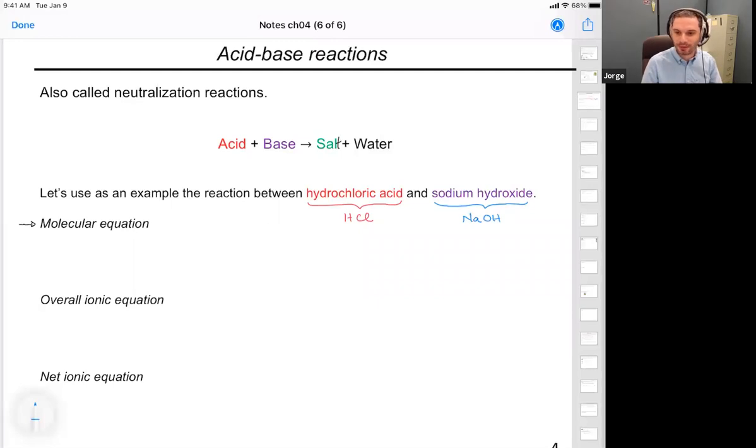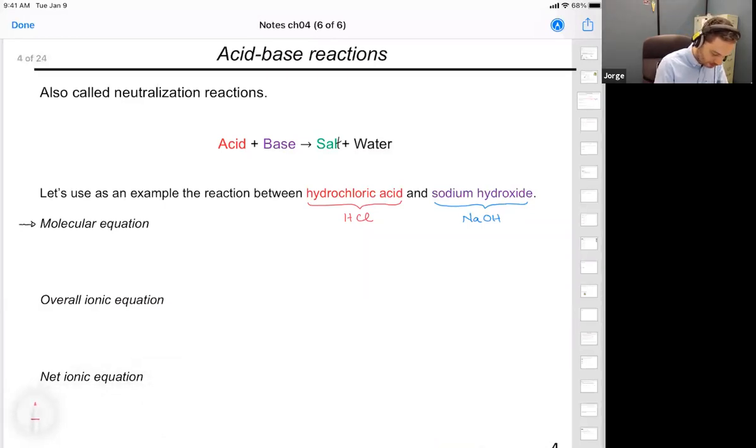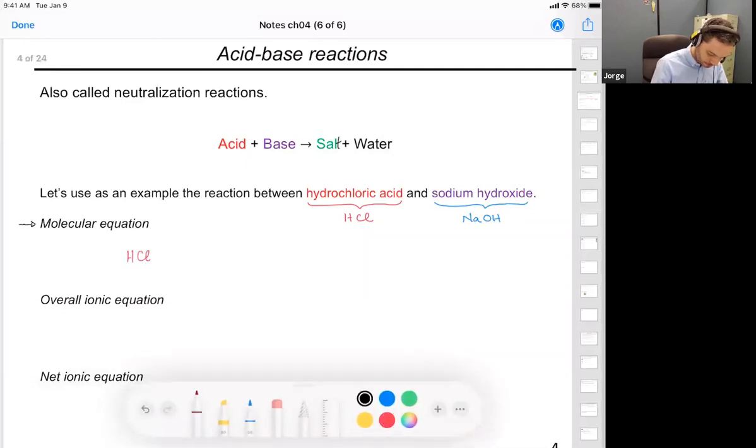So then the formula is NaOH. So let's react both compounds, HCl plus NaOH.